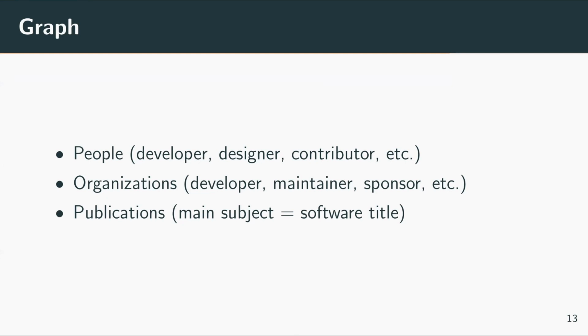For example, these other items might be publications. These would be scholarly articles or technical reports or other types of documents where the main subject property has been used to make a statement connecting the item for the paper itself to the software title, to show that this document is about this particular piece of software.